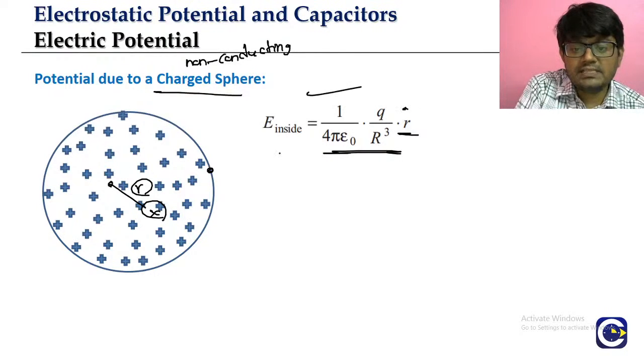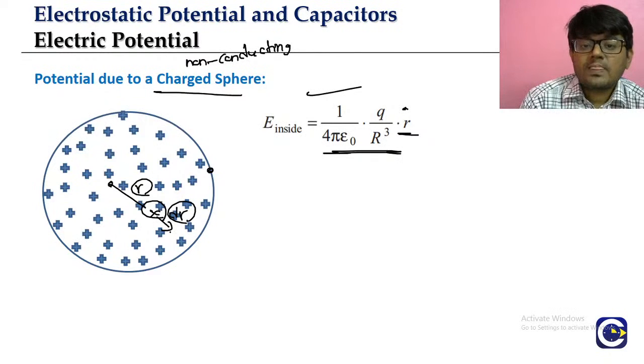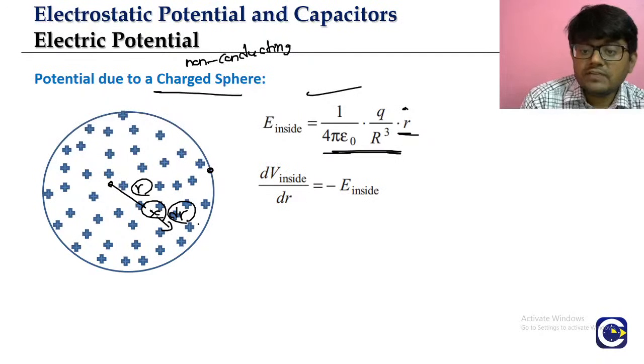Which means inside the sphere the electric field is not zero. If you give a small displacement dr, there will be a potential difference. What is the relation?